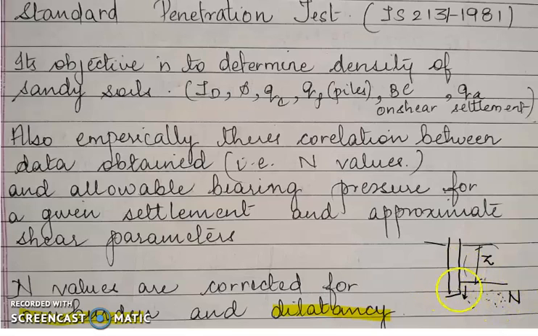Now, imagine the same sampler you are trying to push, and you remove this entire soil. What will happen to this N value? Obviously, it will decrease. The sampler will start moving very easily downwards. So that is basically the effect of overburden. So what happens because of this overburden is some kind of change can occur in the N value.